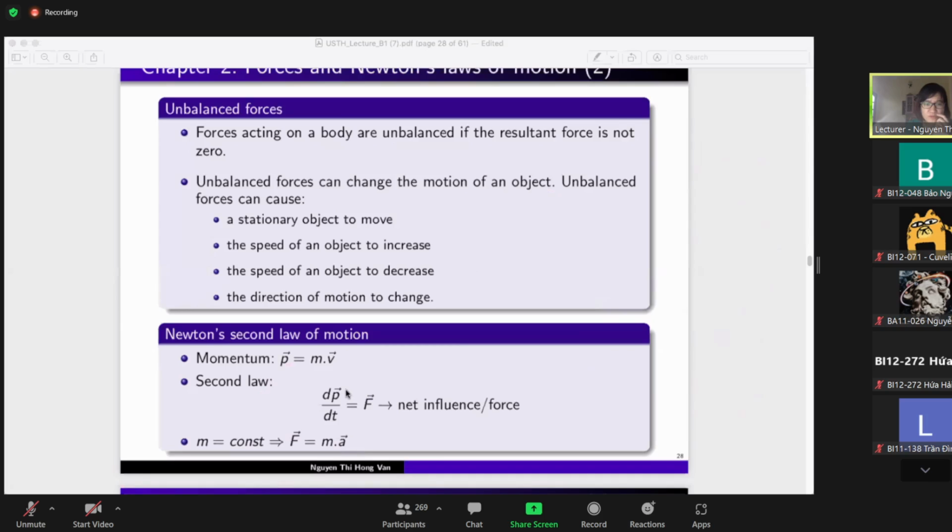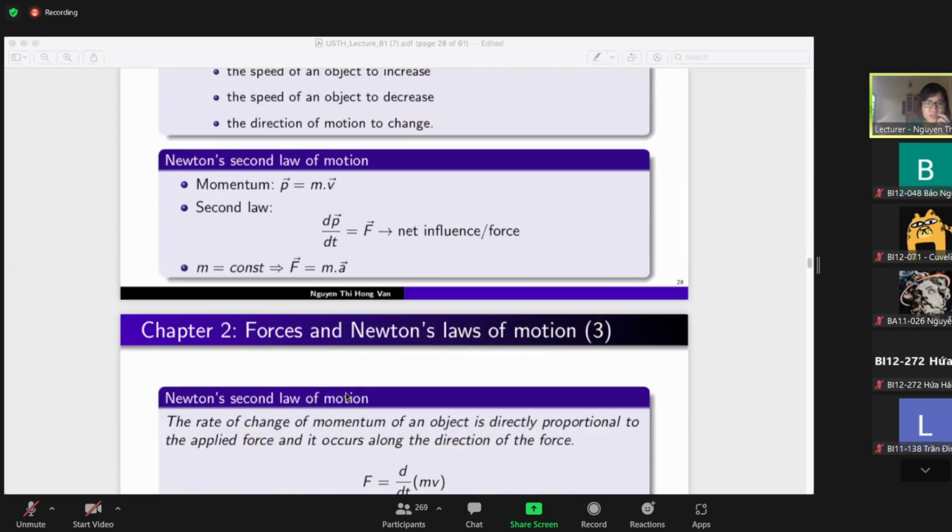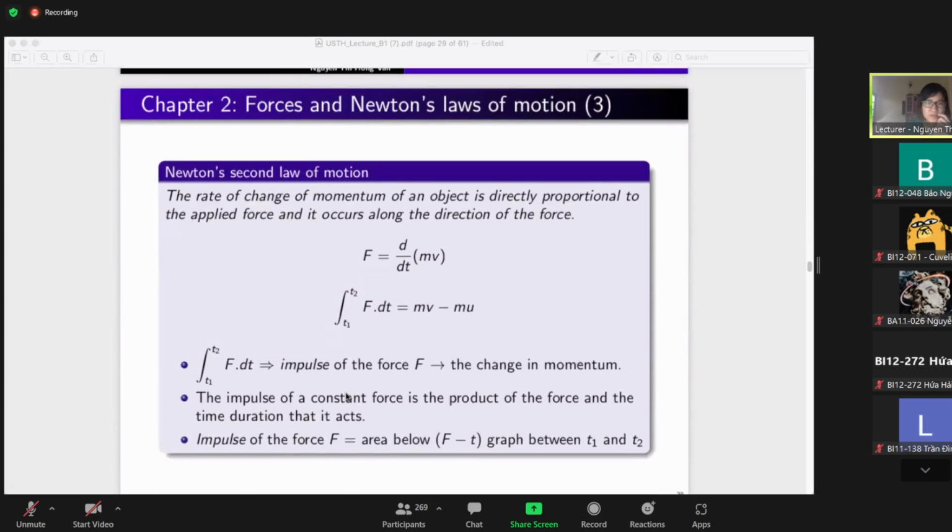So we have the form for the second law of Newton. We move to the next one. The second law of Newton says that the rate of change of the momentum, okay? The change of momentum with respect to time is the rate of change, dp by dt.